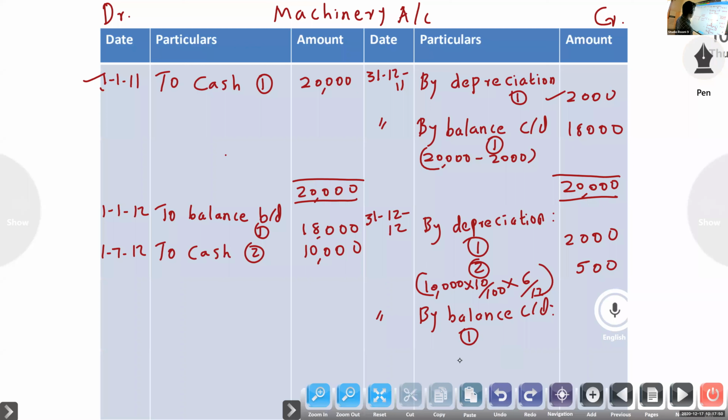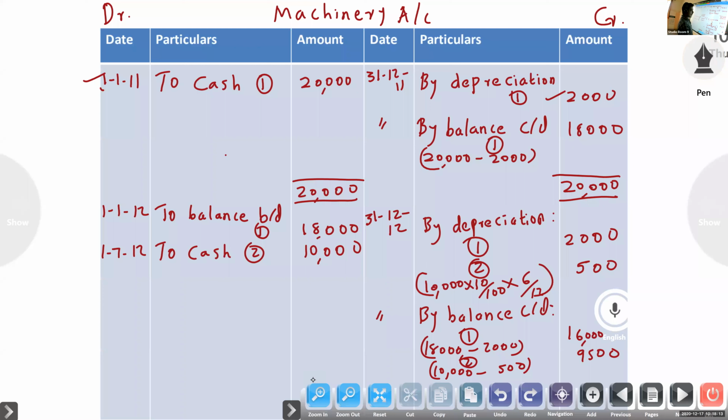Second one, 10,000 minus 500, 9,500. Sharath, afterwards you can look. Okay, now the debit side total you have to write 28,000.